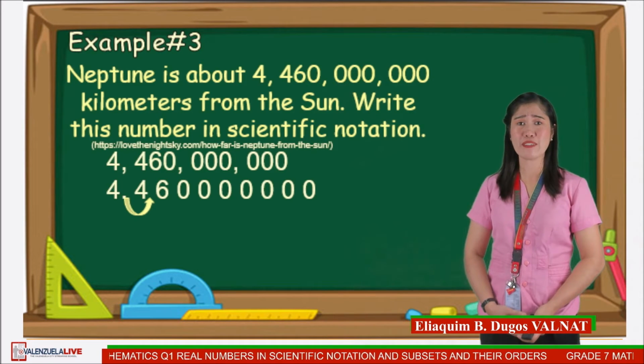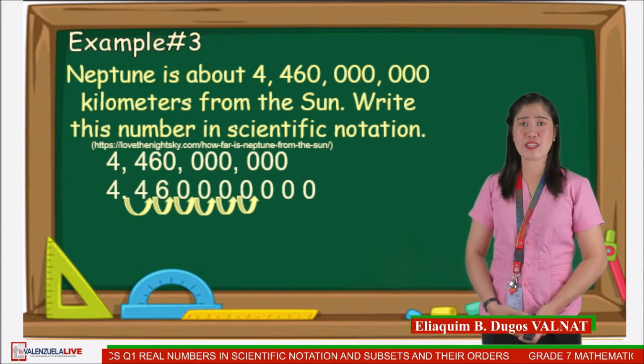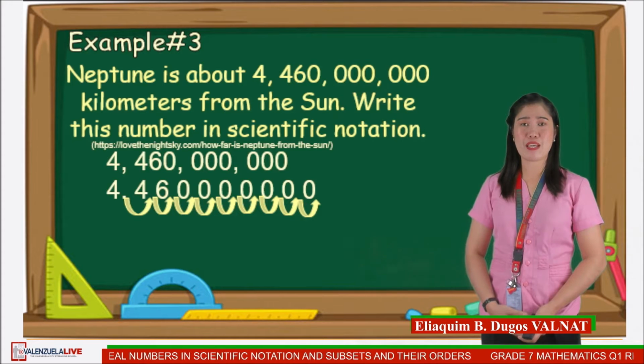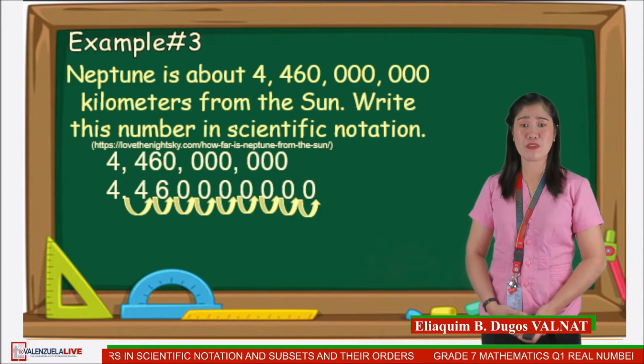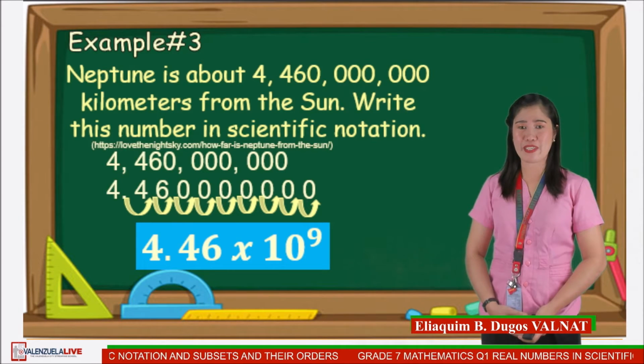Let's count 1, 2, 3, 4, 5, 6, 7, 8, and 9. Last, you're going to write the number in the form of a times 10 raised to n after dropping all zeros to the right of the last non-zero digit. And our answer is 4.46 times 10 raised to 9.